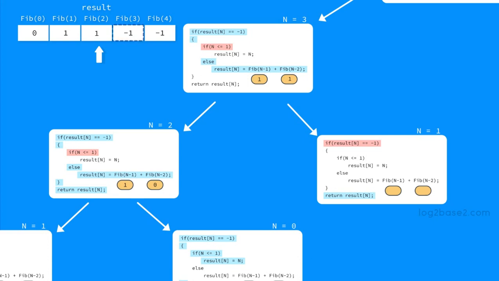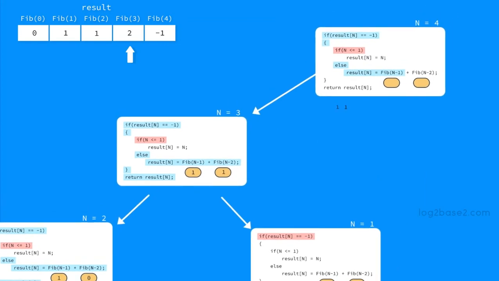So here in fib of 3 we have result of 3 computed, which is 1 plus 1, which is equal to 2, and it is stored in the array. And finally we have return result of n. So result of 3, that is 2, is returned to the calling function fib of 4, and here the first recursive call fib of 3 is completed.